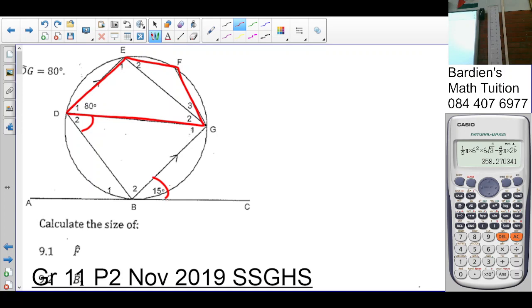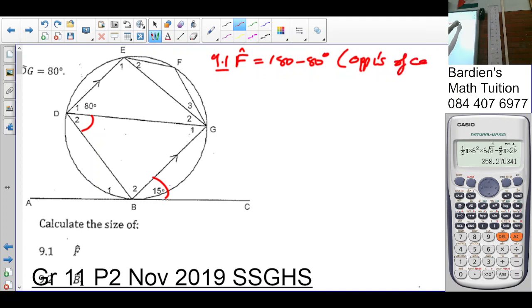Not so? So I can say that angle F, this is now 9.1, angle F is equal to 180 minus 80 degrees. Why? Opposite angles of cyclic chord. That will give you 100 degrees. Right.